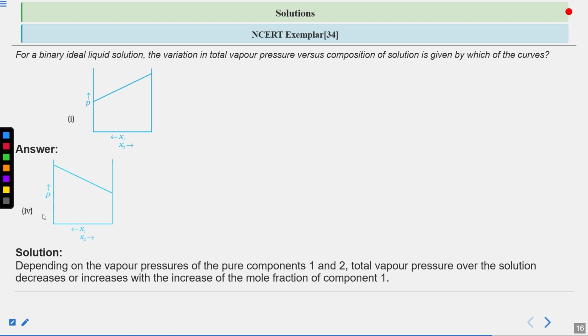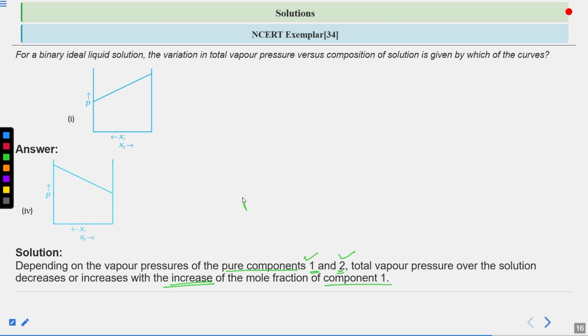Now, depending upon the vapor pressure of pure components 1 and 2, if we have a solution where the two components are present, having different mole fractions chi1 and chi2, the total vapor pressure over the solution decreases or increases with the increase of mole fraction of component 1.